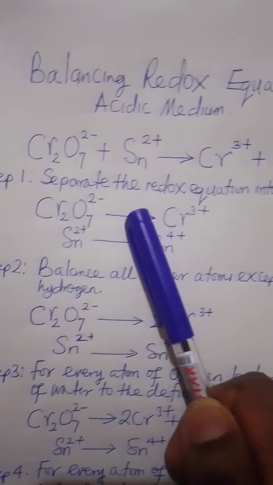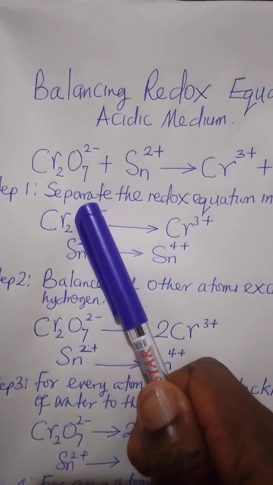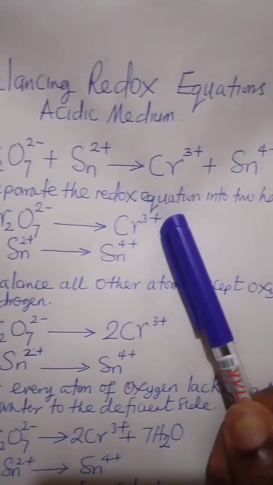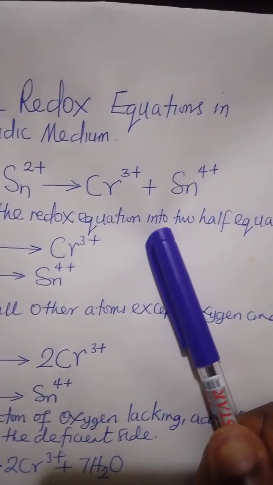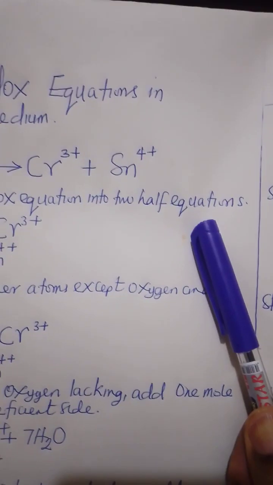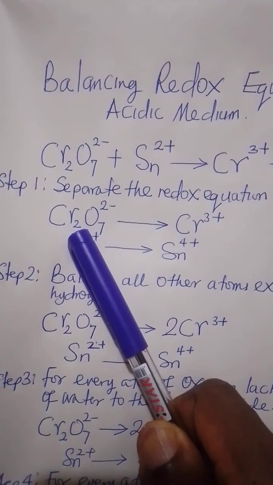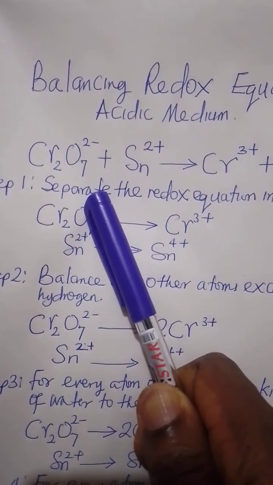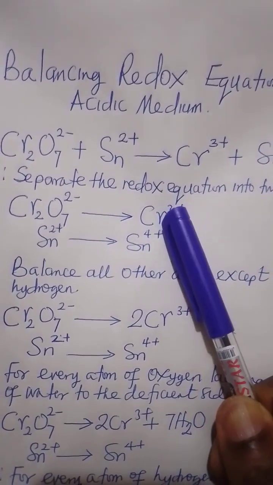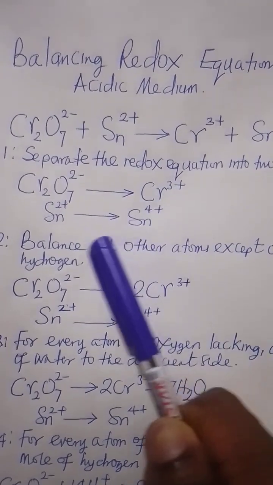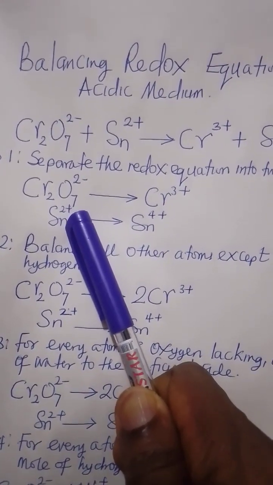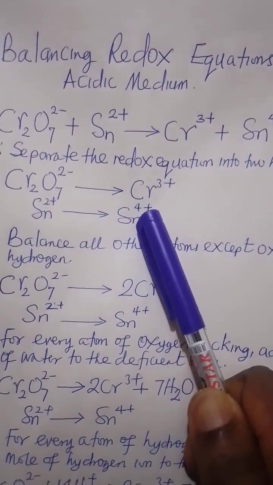The step again: separate the redox equation into two half equations. So then Cr2O7 2- gives Cr3+ and Sn2+ gives Sn4+.